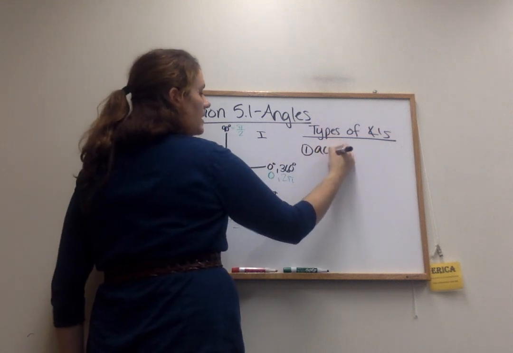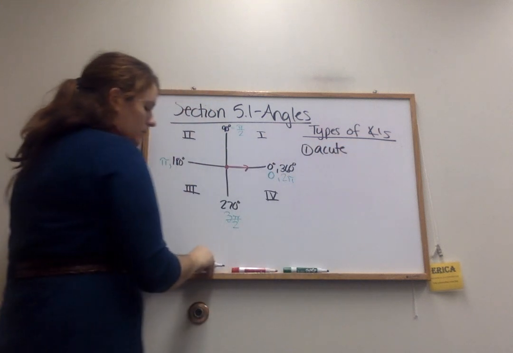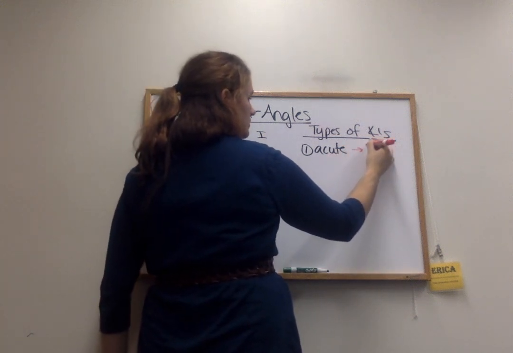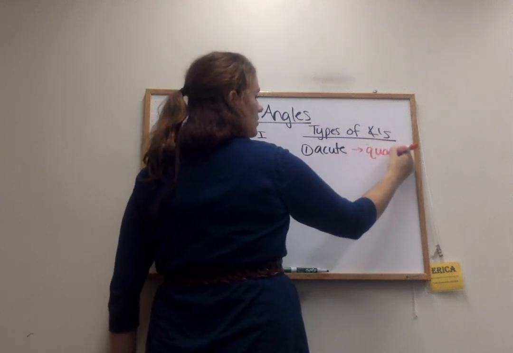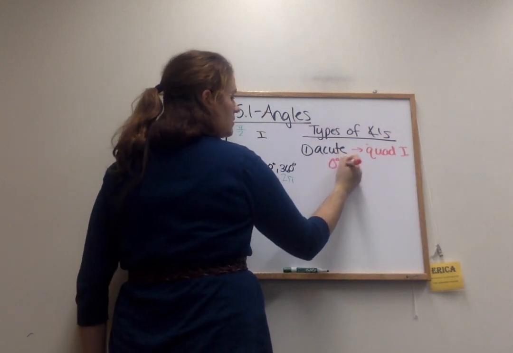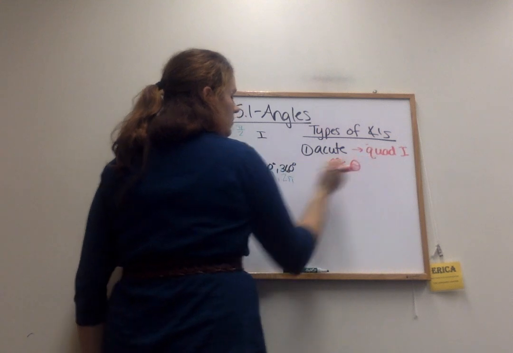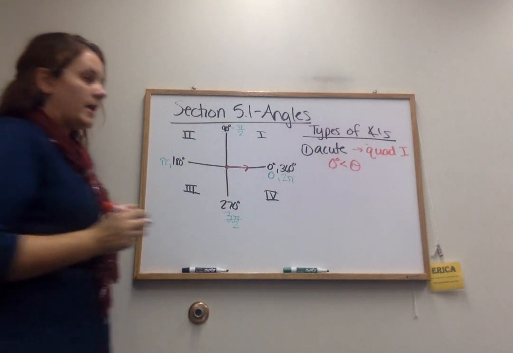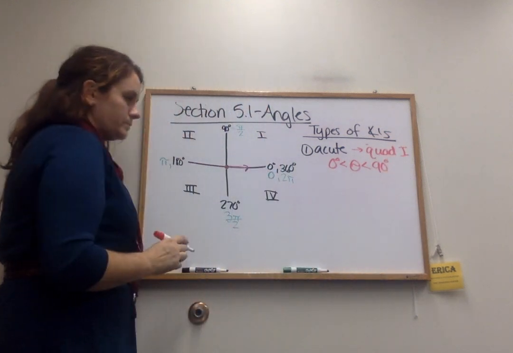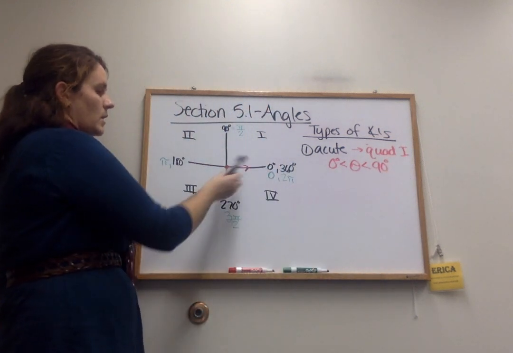So the first kind of angle is an acute angle. Basically that's anything in the first quadrant, so it could be in quadrant 1. And that means it has to be between 0, theta, remember that's our symbol for an angle, between 0 and 90 degrees.